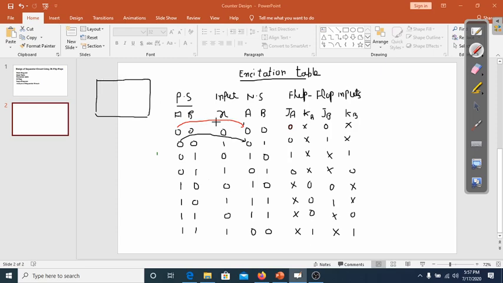In this K-map, I will use the present state and its input. So this is for JA.